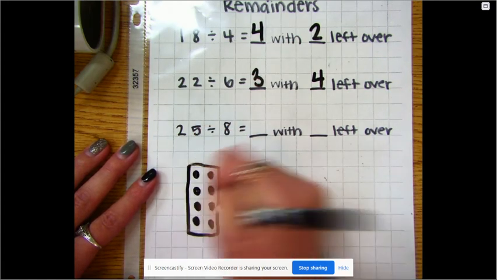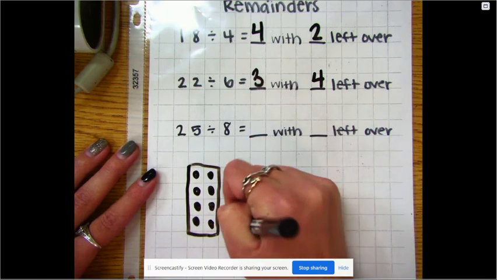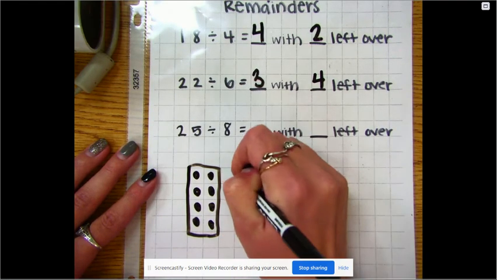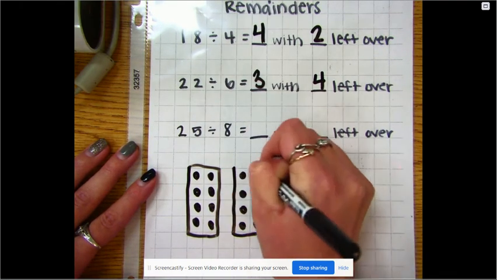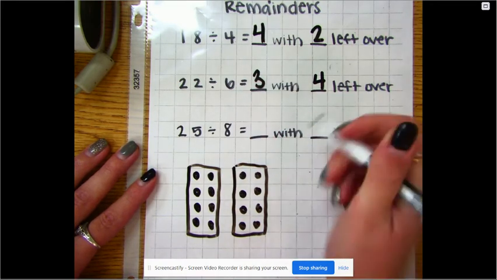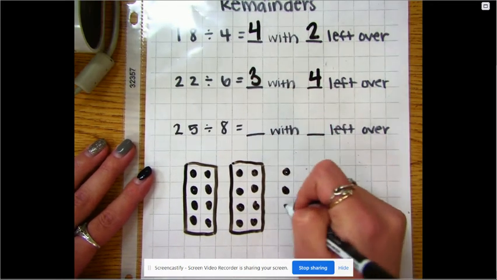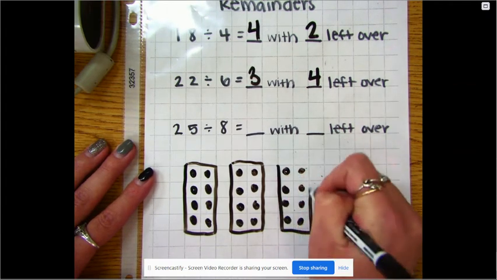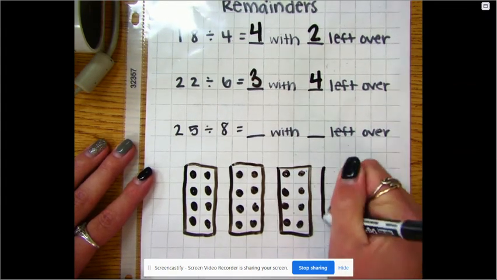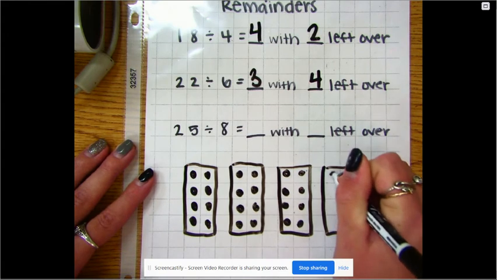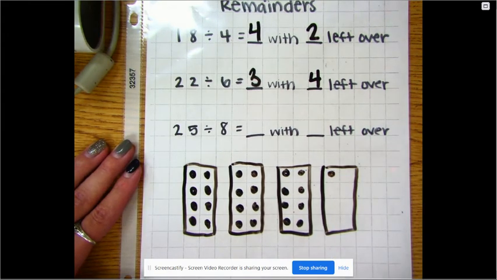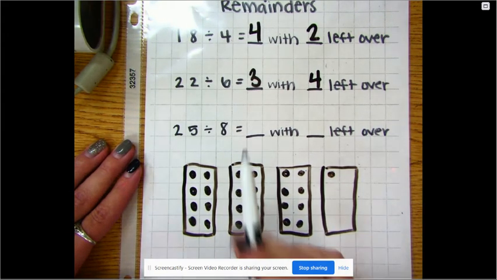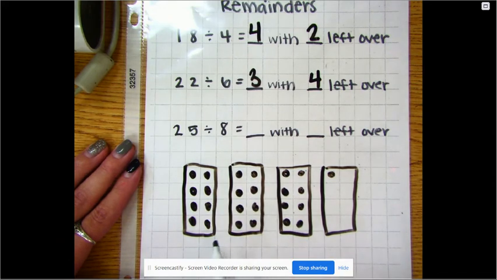There's my first group of 8. Here's my second group of 8, which I know is 16. 8, 16, 24, 25.